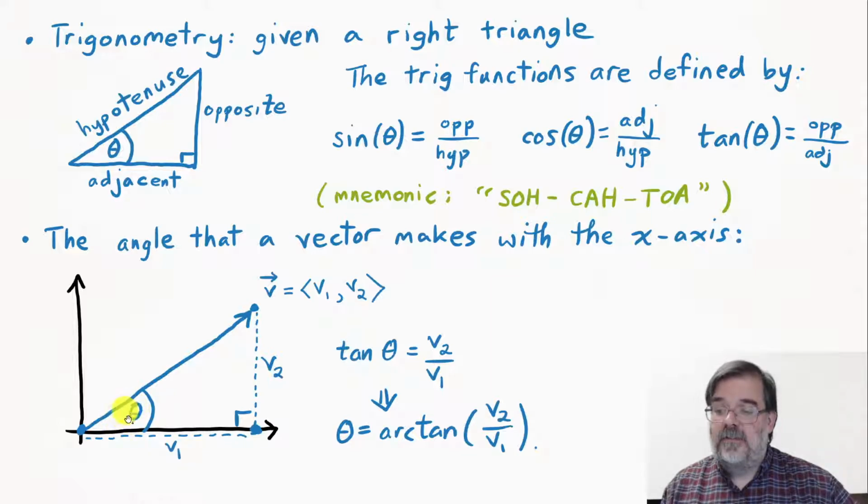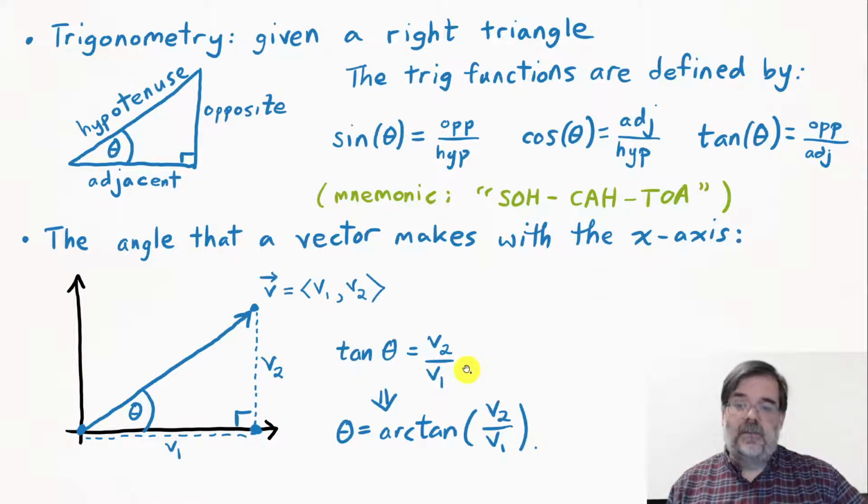The tangent of this angle, as we said before, is the length of the opposite side divided by the length of the adjacent side. In this case, the opposite side has length v2, and the adjacent side has length v1. So the tangent of this angle is equal to v2 divided by v1.